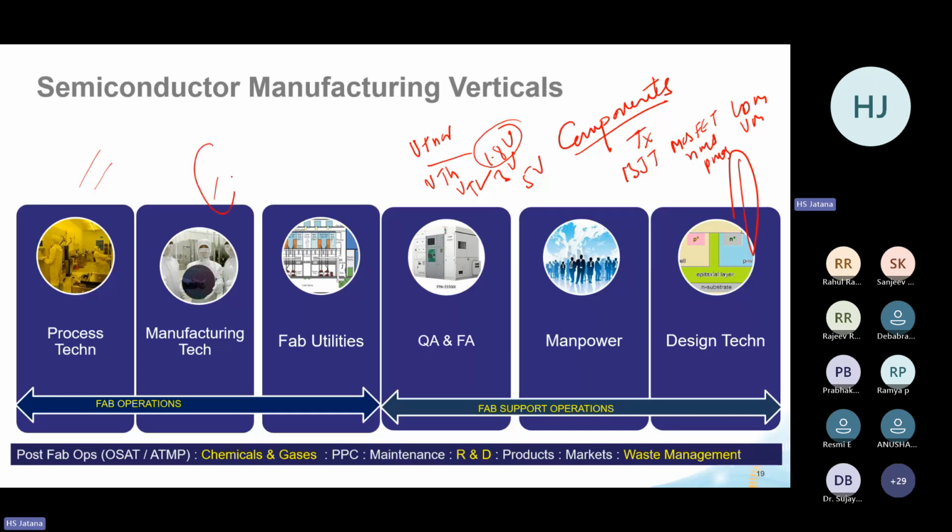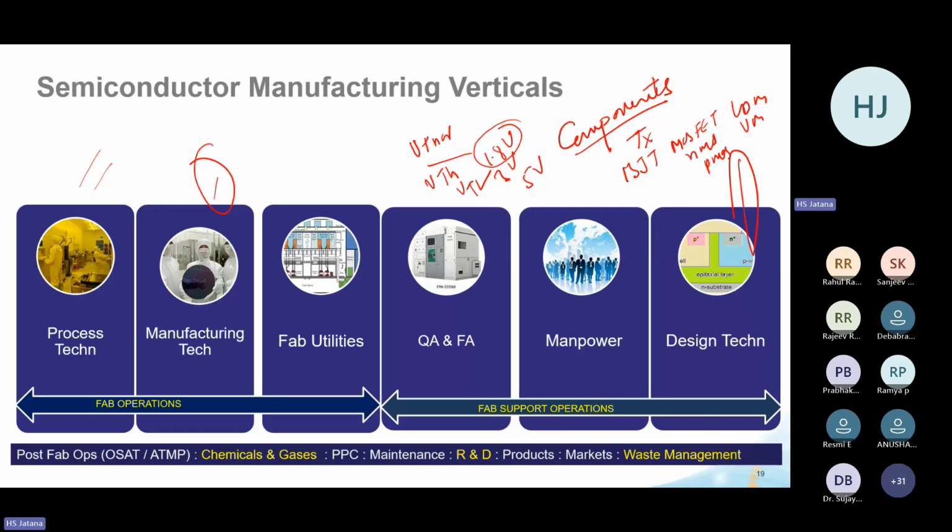The mask fab is also included in the manufacturing technology, and a lot of things go into the mask fab, because 248 nanometer and 193 nanometer laser litho is used to print structures which are 20 nanometer apart. As per the Rayleigh law, 193 nanometer can only print two lines with a resolution of about the same 190 nanometer, but we are able to print even 20 nanometer.